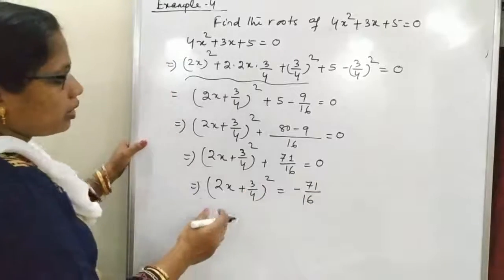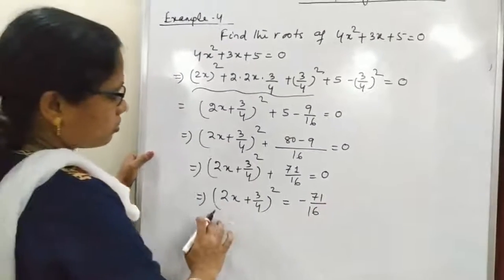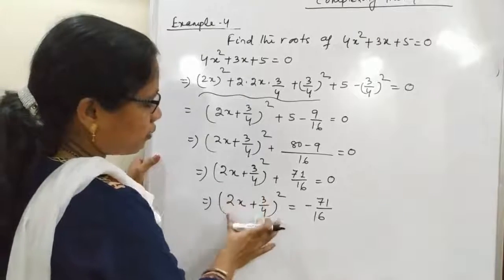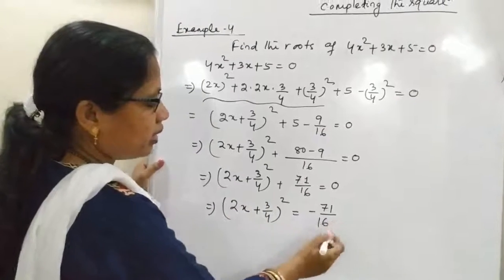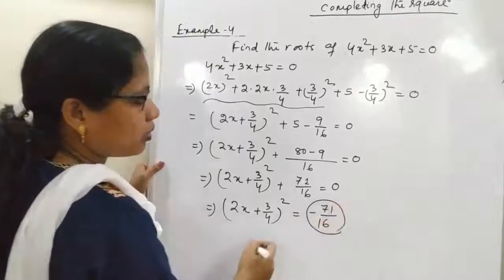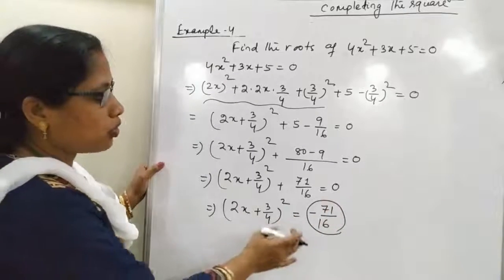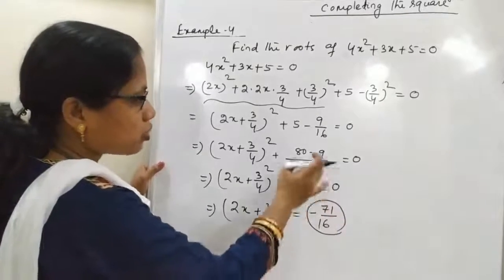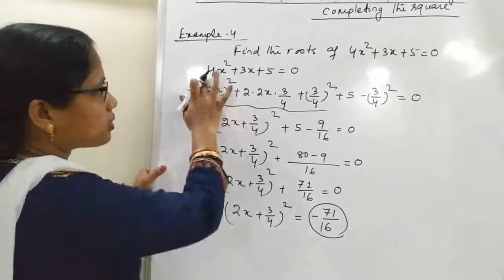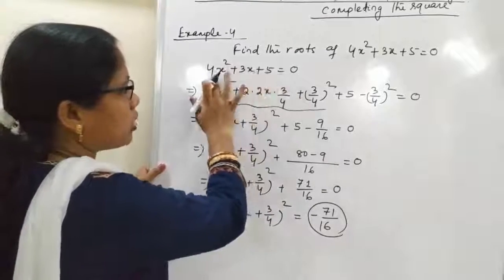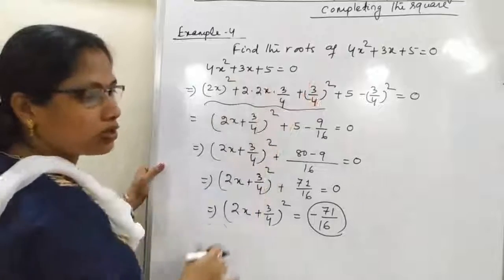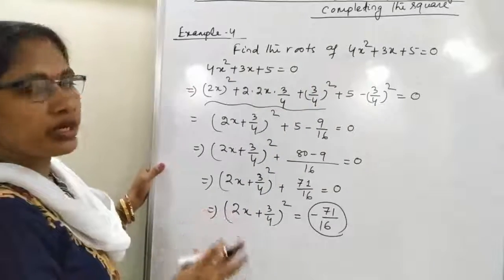So here, if I find the square root of the left hand side and right hand side, the right side is a negative number. We cannot find the square root of a negative number. So it concludes that this quadratic equation 4x square plus 3x plus 5 is equal to 0 has no real solution.